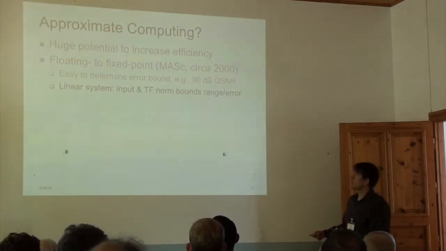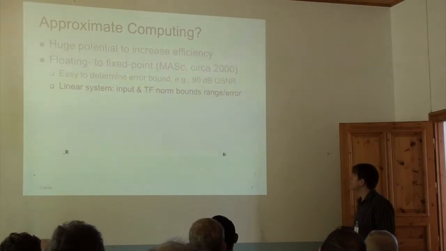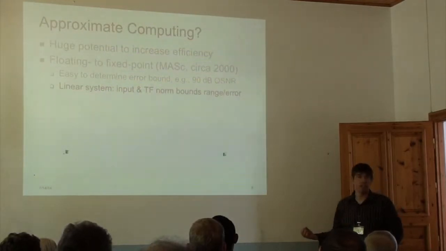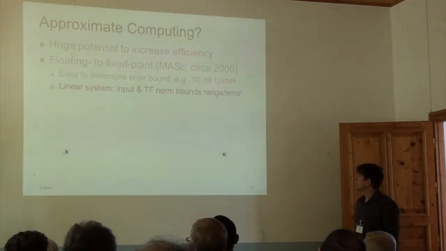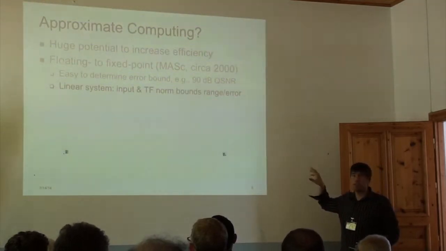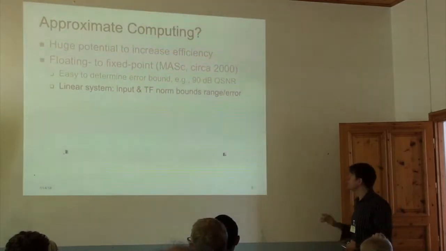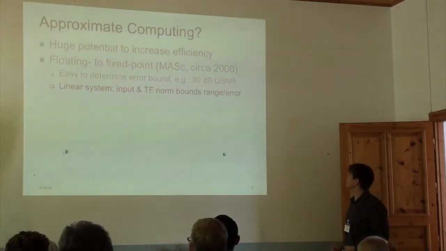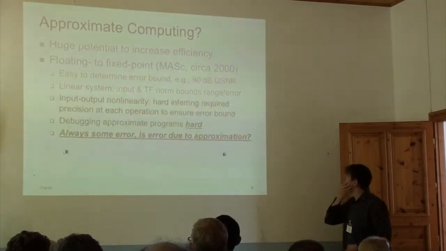And if the program that you're converting is a linear system, there are some nice properties of linear systems that make this feasible. If you know something about the L1 or L2 norms of the input, and you know the transfer function of your linear system, and you know the norms of that, then you can bound the range and error, and converting to fixed point works.